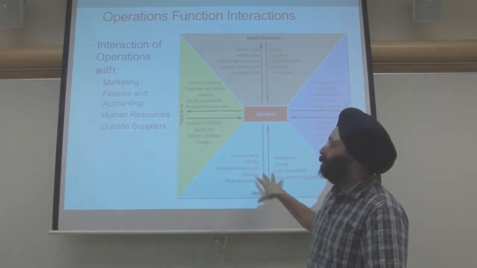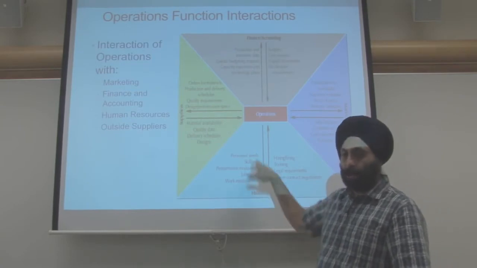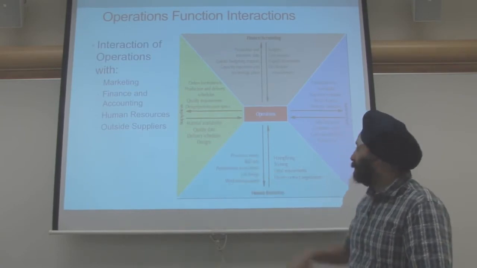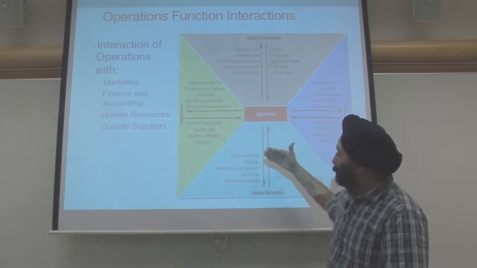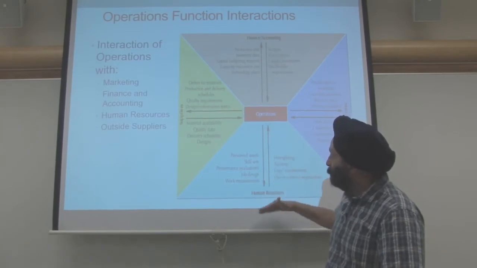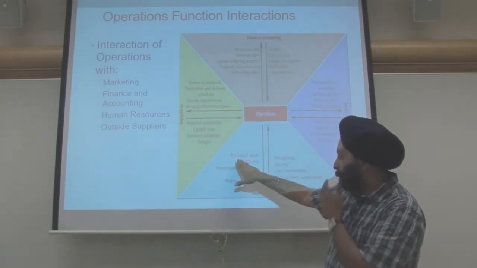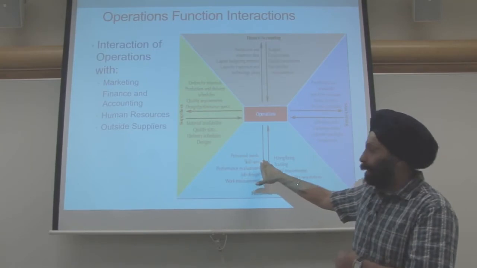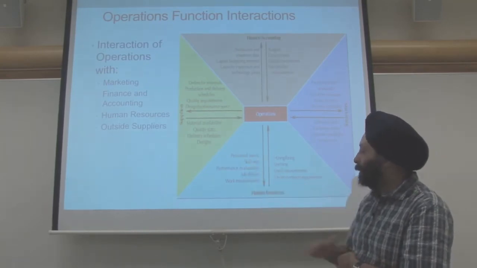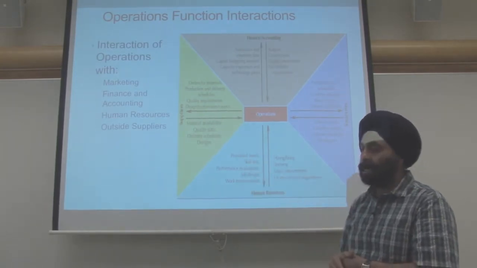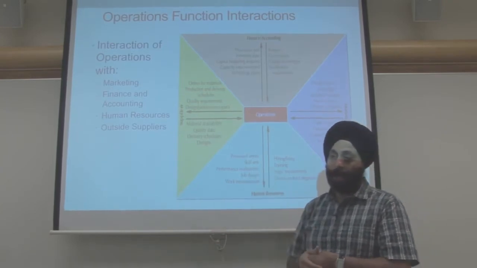In terms of human resources, to round up the list, operations will let human resources know about personnel needs: how many more people they require, what type of skill sets they need, and performance evaluation.